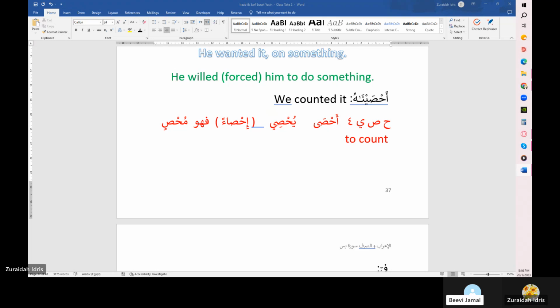And then the na is a pronoun attached, in the position of raf', fa'il. And then the hu is a pronoun attached, in the position of nasb, maf'ul bihi. Good, alhamdulillah. I need to add something that you said: bina al-fa'ilin, is that what you mean? Yes.